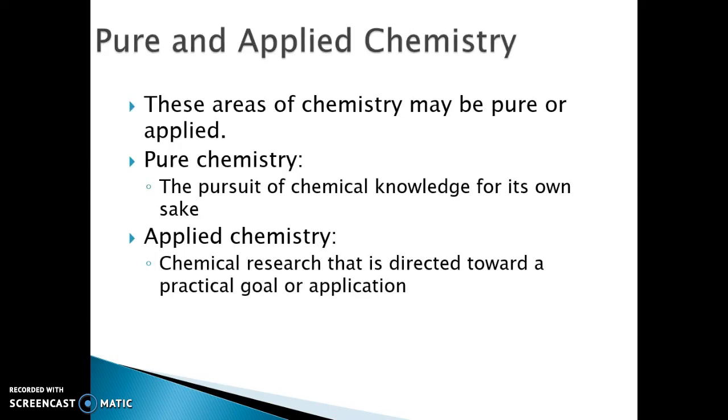So essentially there's usually a driving question behind applied chemistry. We're trying to reach some goal, to come up with something that serves a certain purpose. Pure chemistry is essentially just for the joy of learning the knowledge behind chemicals.